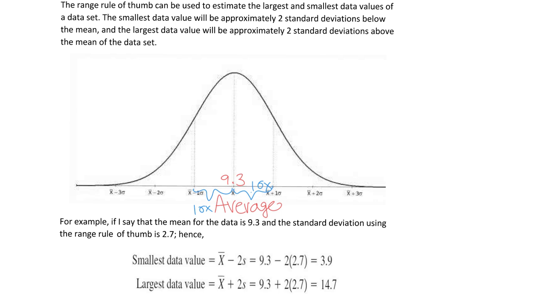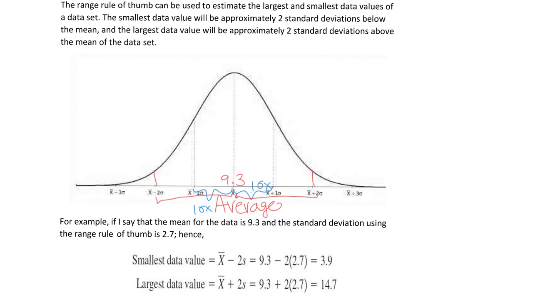And then we would have two standard deviations, and we would have the values that fall into two standard deviations, and the smallest data value will be approximately two standard deviations below, while the largest would be approximately two standard deviations above.